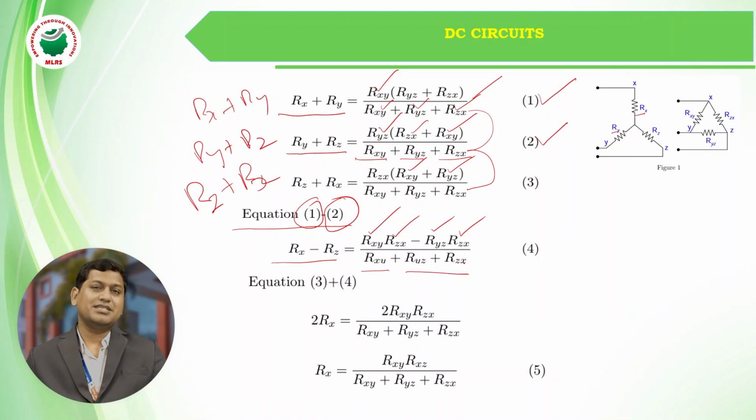The denominator is the same. Why have we got the same denominator? Because the denominator is the same for all the values in the above equations.